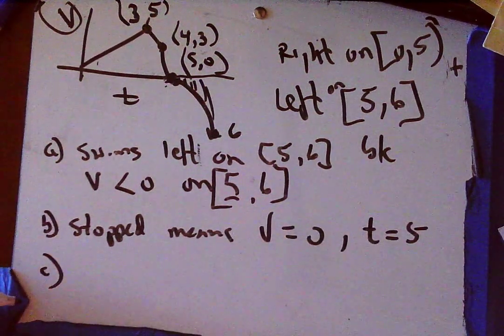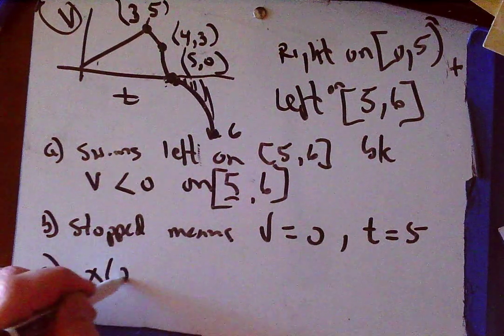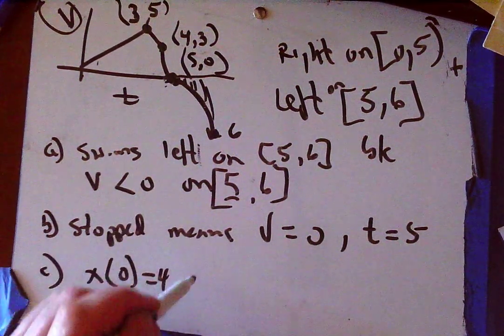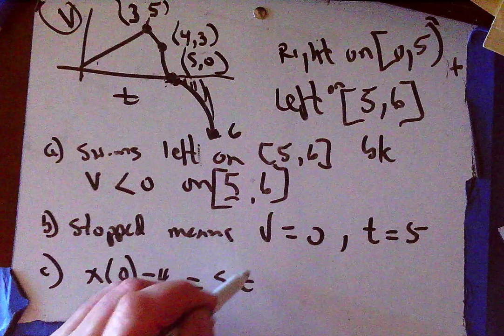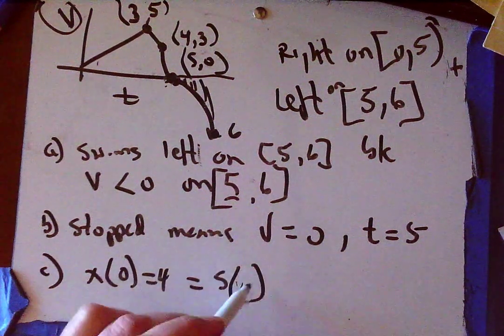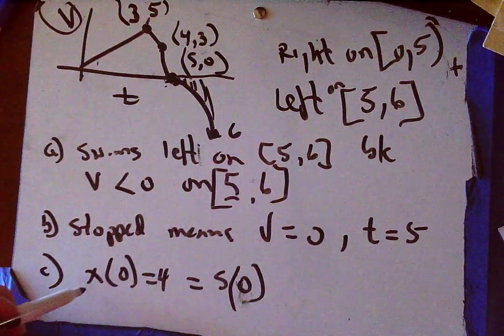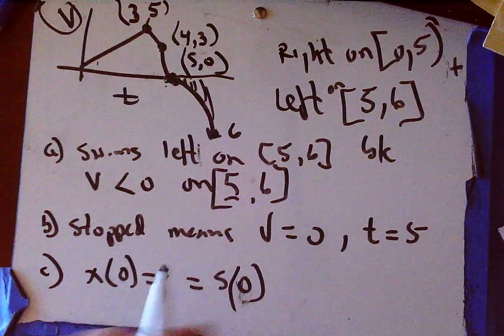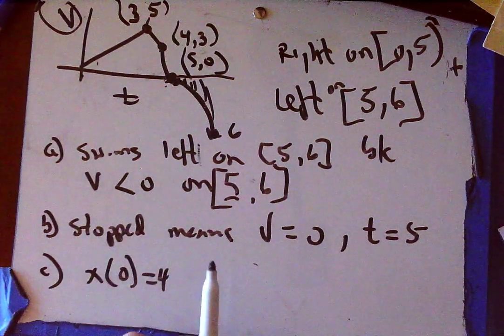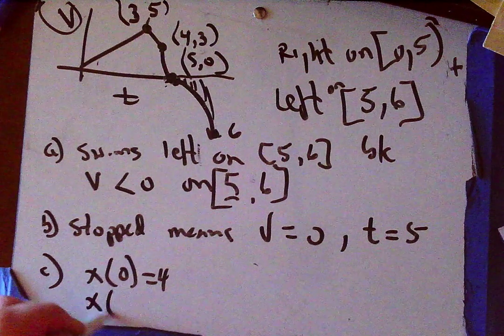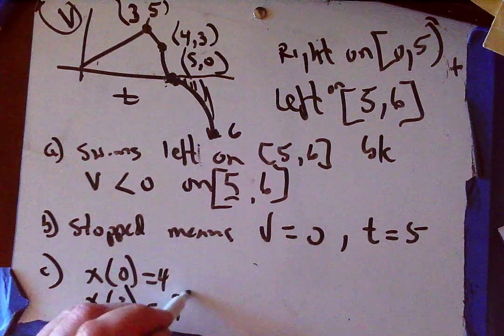Part C, if x of 0, so what does that mean? Well, x of 0 is the same as s of t evaluated at 0. This is just position. Original position is 4. That's how I understand that statement. And we're asked to find x of 3.